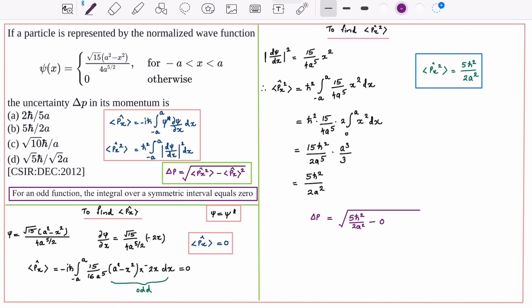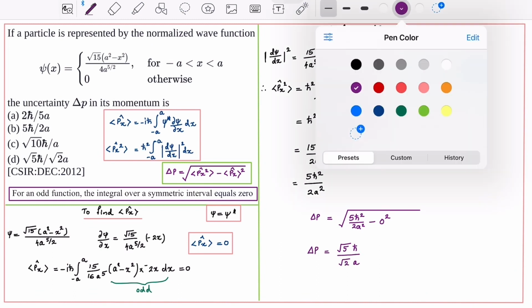This is equal to root 5 h bar divided by root 2 a. Therefore, from the given options, option D is the right option.